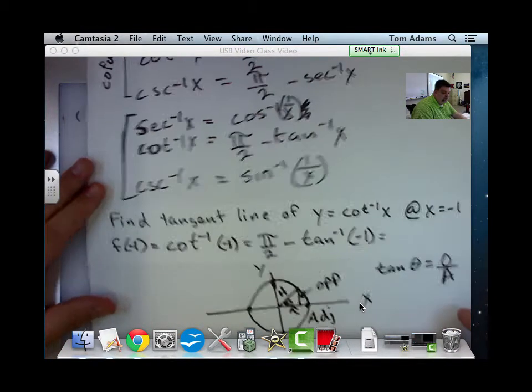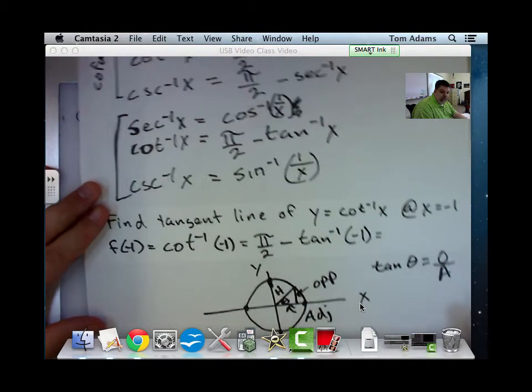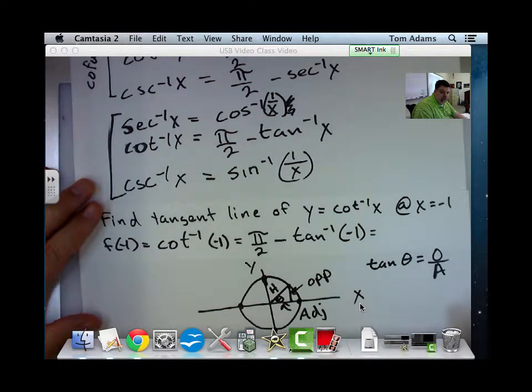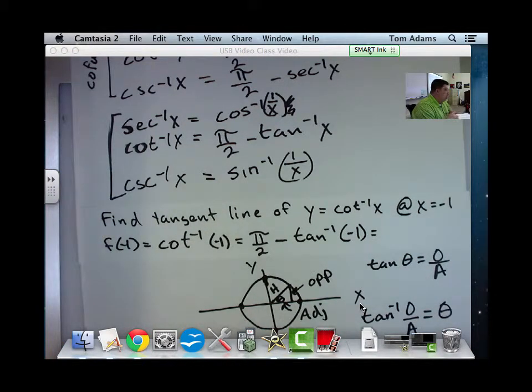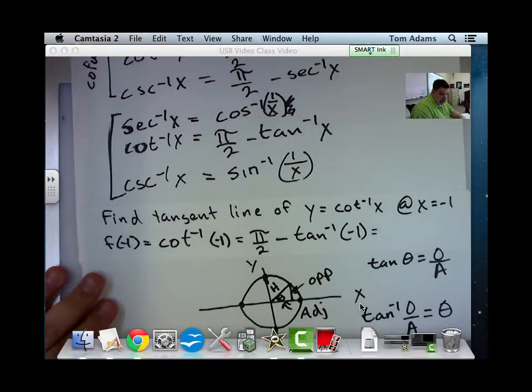All right? Now, if I take the arctan of the opposite over the adjacent, that is equal to your angle theta. So now what do I do? Well, I just need to think of the angle that gives me -1.